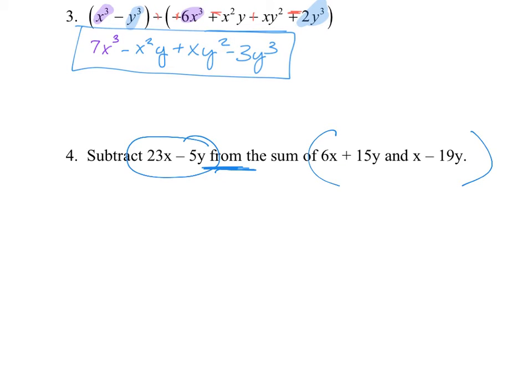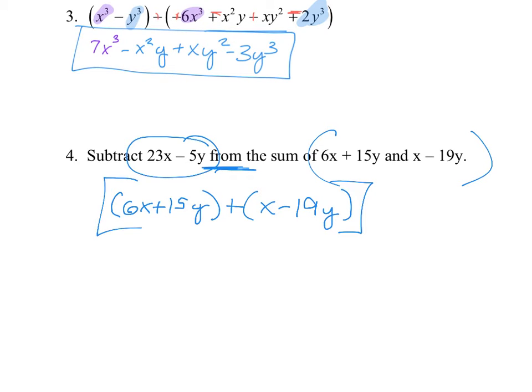So we're going to write this out. I have to add 6x plus 15y and x minus 19y. And then from all of this, I have to subtract 23x minus 5y. That's what the words are telling me.